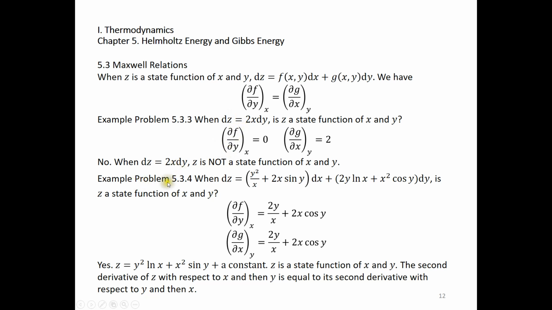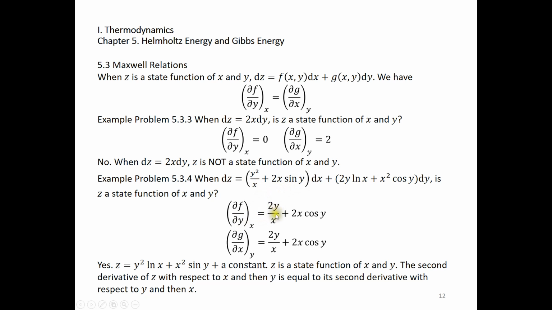No way. Now this looks extremely complicated. In front of dx we have this, in front of dy we have this. Really complicated. Is z a state function of x and y? Surprisingly, the answer is yes. We can verify this. We take the first derivative of the function in front of dx with respect to y.